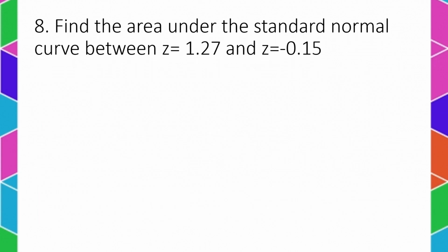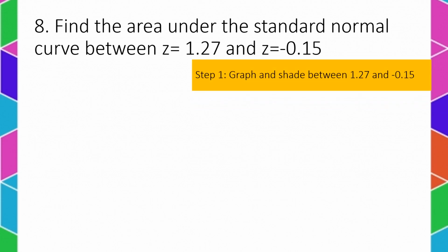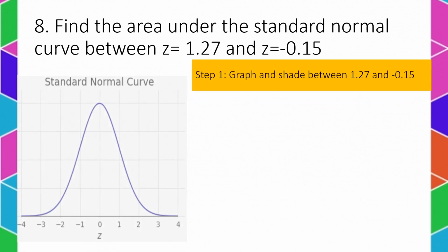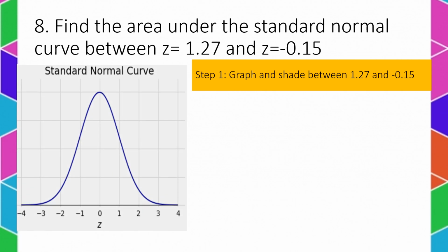Okay, so going back to the problem. Find the area under the standard normal curve between z equals 1.27 and z equals negative 0.15. Atin namang unahin yung pag-graph. Okay, so i-graph natin yung 1.27. That is at the right of 0. And lagpas lang ng konti sa 1. That is 1.27.